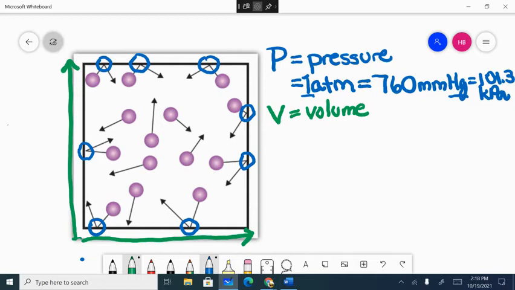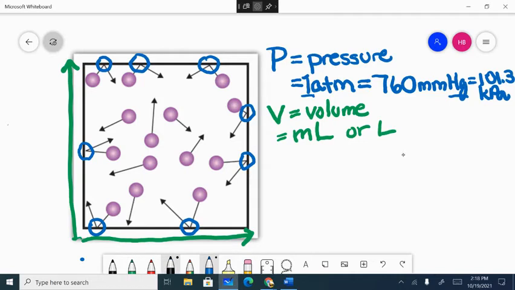It doesn't matter what container you put gases in, they will fill their container. Gases are measured in either milliliters or liters. When we're doing the ideal gas law and using the ideal gas law constant, it's going to have to be in liters. And frankly, it's good practice to just say, I'm going to throw everything into liters, just because I want to be good at converting between milliliters and liters anyway.